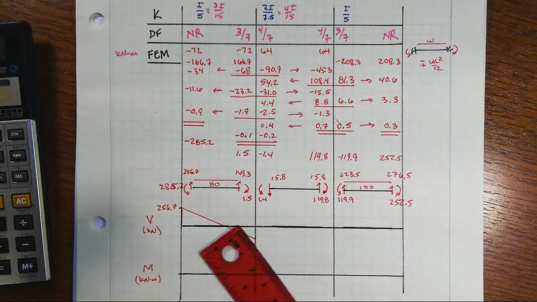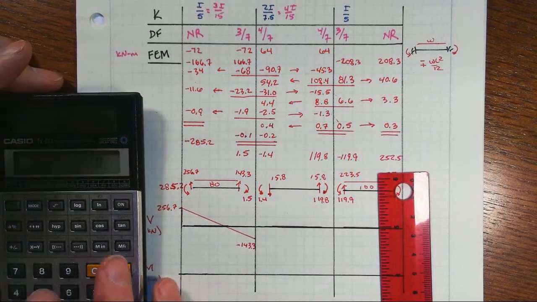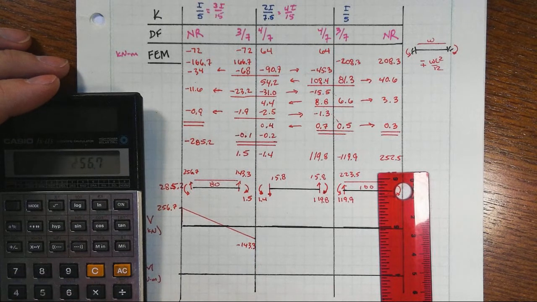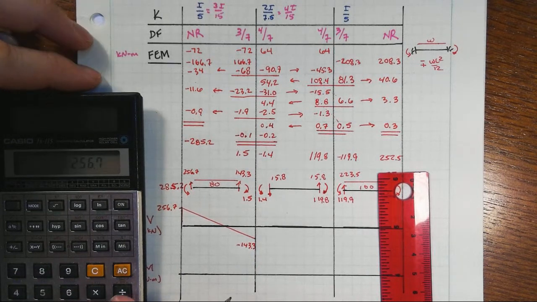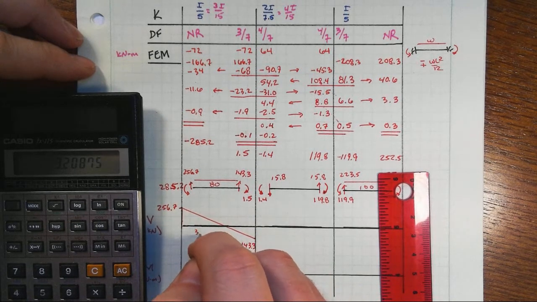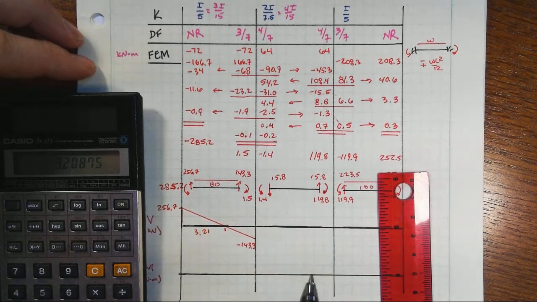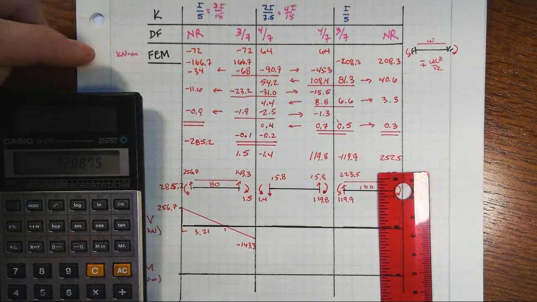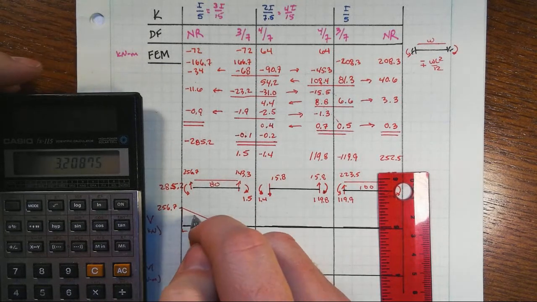While we're at it, we might as well go figure out where that transition is happening. 256.7 divided by 80 will be 3.21 meters to get over to that location. That will be helpful. Heck, we're right here right now.